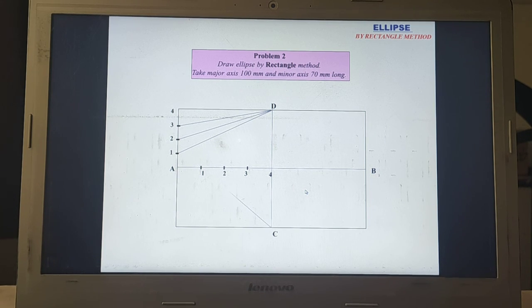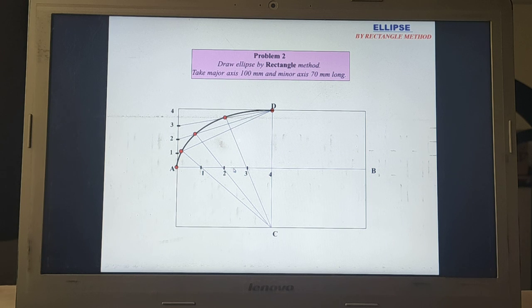Let us see how we can draw it. Here we have got our first point, which is this point. Similarly the second line cuts the second point, and the third cuts the third point. And these are our points of the ellipse in the first quarter.